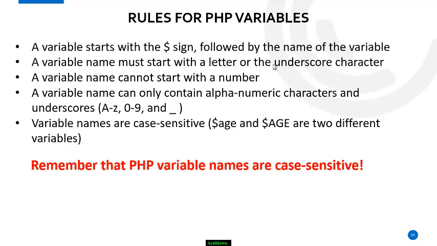I didn't say $1age, with 1 as a numerical value and then age. It won't work. You must not start a variable name with a number because PHP will not allow it. It will throw you an error, and that is under what? Under semantic error or logic error in programming.